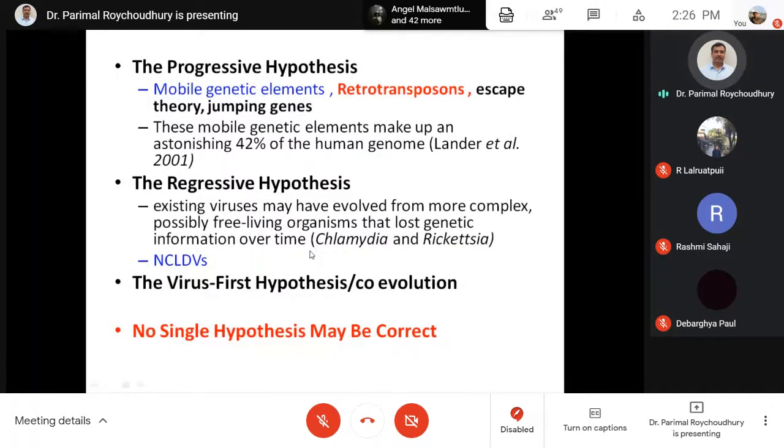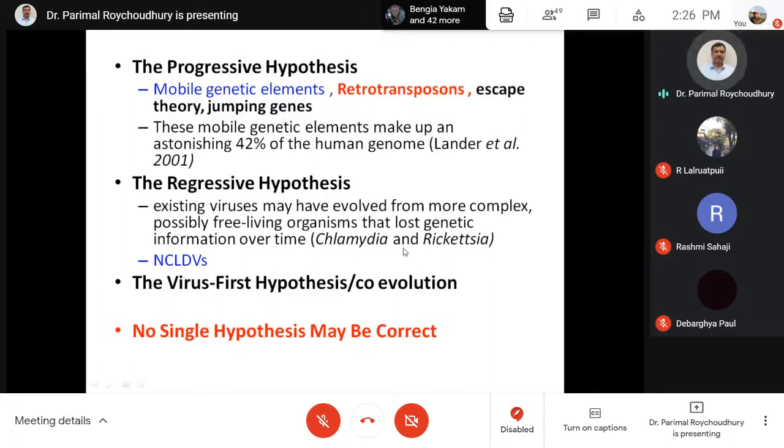They became totally dependent on their host cell. So that means regressive. They are missing some genetic information in the evolutionary process, and they go from a higher to a lower form of life.